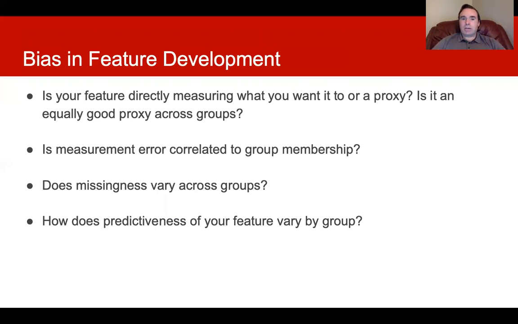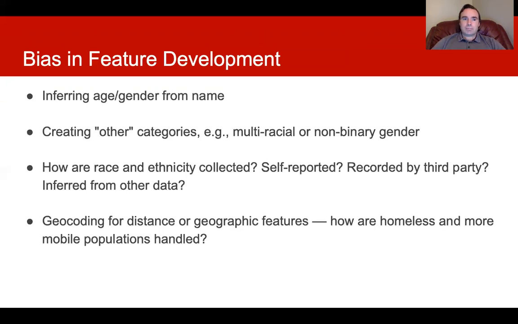But in general, you want to be thinking about how this feature might vary across groups. How might its predictiveness vary across groups? How might data quality vary across groups? As well as things like, if you're making inferences, say building age or gender inferences based on people's first and last names, your ways of doing that might be more or less reasonable or correct across different groups and different types of people.